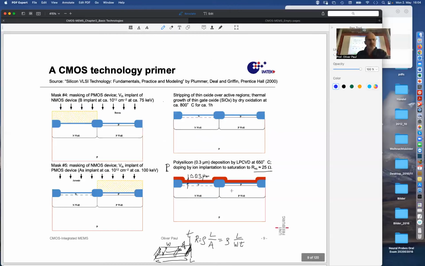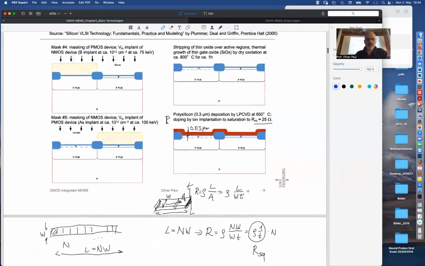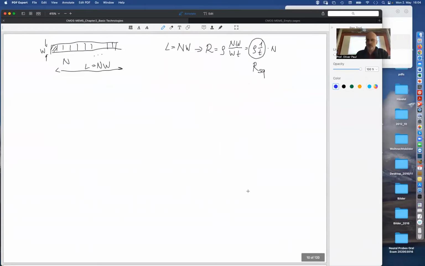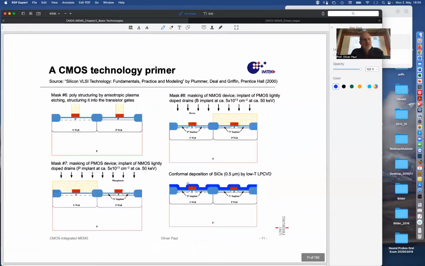And we have proceeded now up to the creation of a gate oxide, on which we have deposited a gate material, polysilicon, about 300 nanometers thick with a sheet resistance of 25 micrometers, which I have explained last time. So now we are continuing with this process.